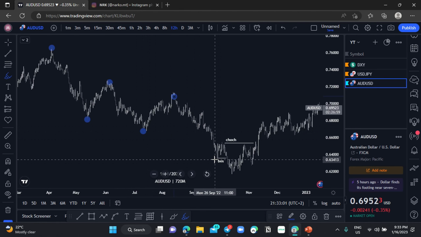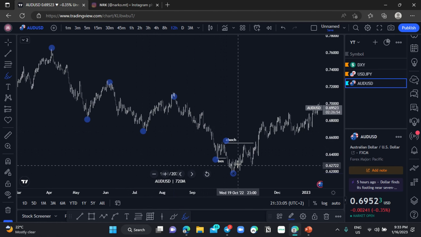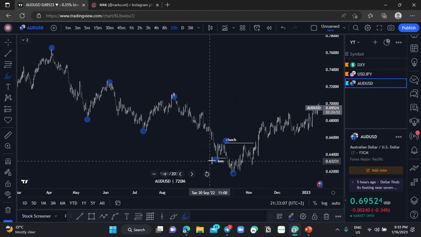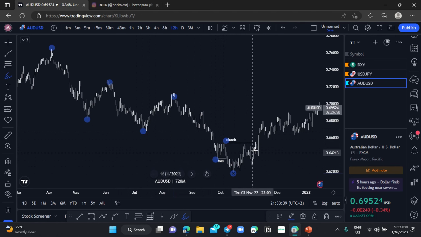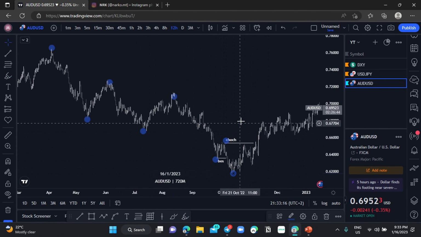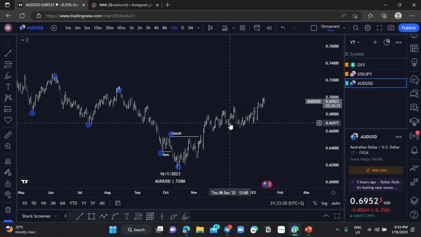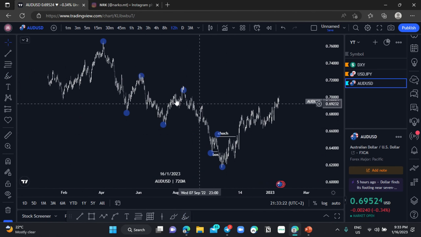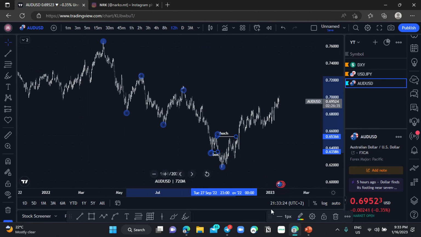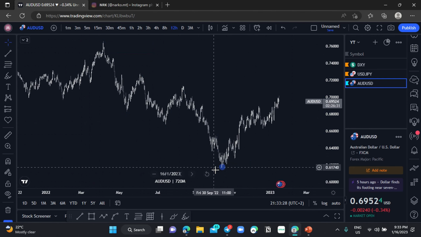So this here is going to be our lower low, and this here our lower high, lower low, because this low violated this low. Now as you can see, price pushed to the upside and violated our lower high here. So now we can see that we could be moving from a bearish trend to a bullish trend.